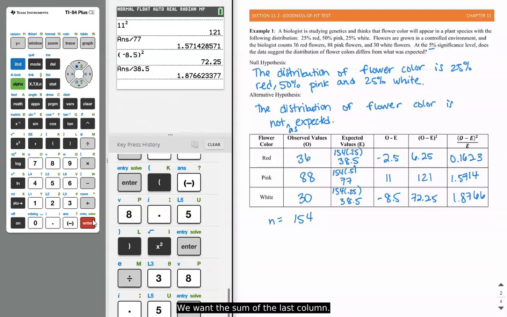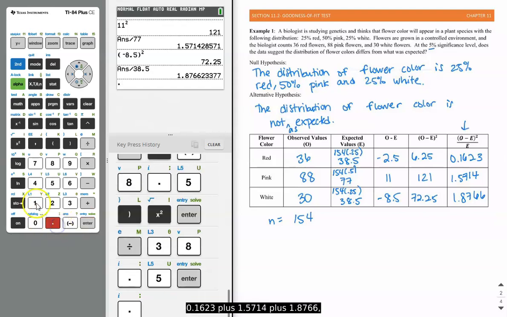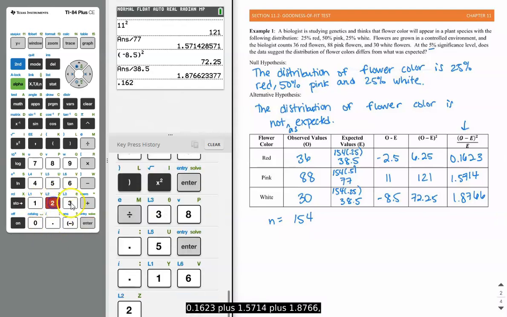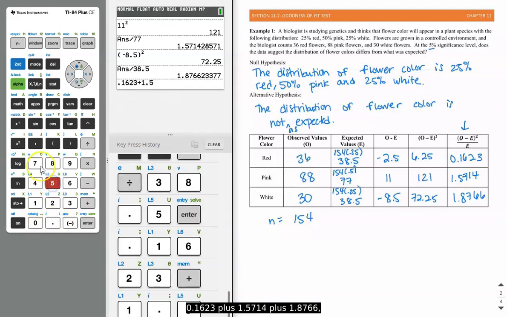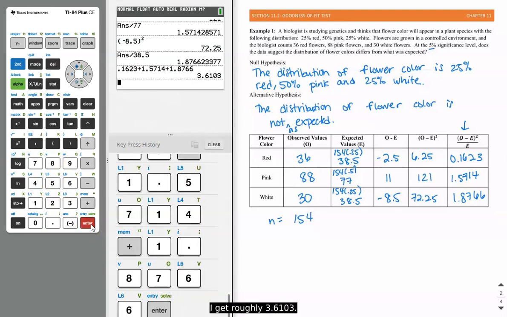So we want the sum of the last column. So if I add up these numbers, 0.1623 plus 1.5714 plus 1.8766, right, I get roughly 3.6103. So what is this value here, right? This is my chi-square test statistic, so 3.6103.